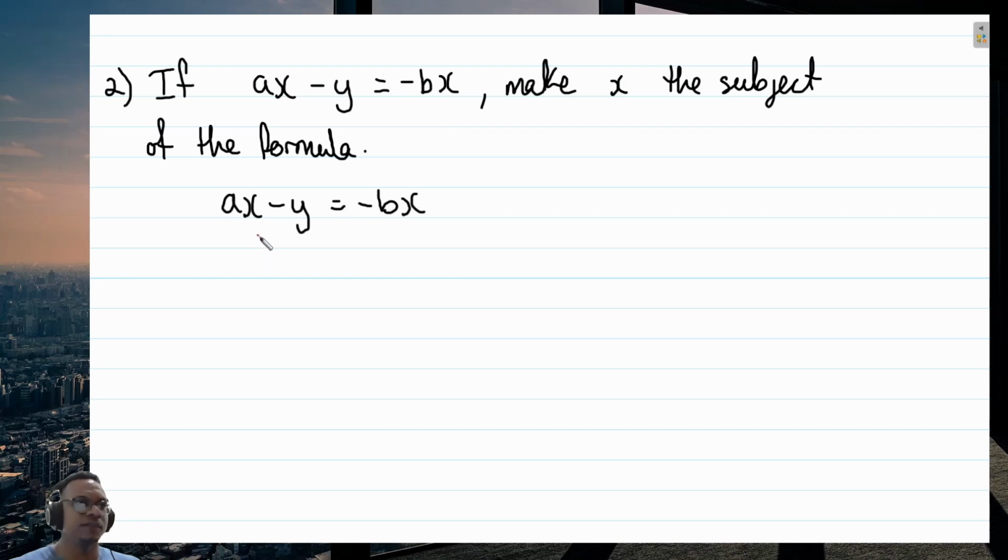So the first thing we'll have to do here is bring the terms in X to one side of the equal sign and everything else to the other side. So I'll have AX, I'll bring across this negative BX, it will come across to the left hand side, and the sign in front of it will change and turn to positive.